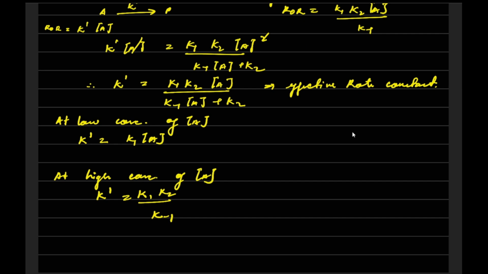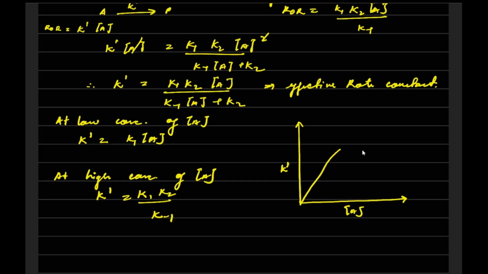So if we plot a graph of K dash versus concentration of A, at low concentration of A we have an order of 1, so it is a first order reaction.